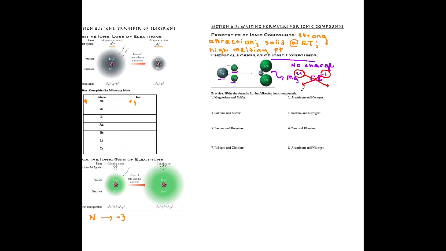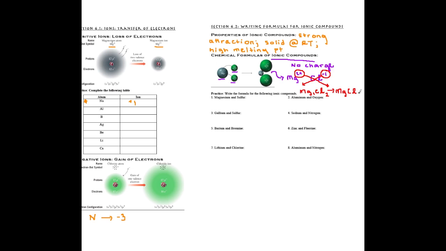So what you end up with is Mg1Cl2. Now, remember in chemistry, if there's a 1, for example, in charge, or for your subscripts, it's implied, so you don't actually write it. So the chemical formula for magnesium chloride is just MgCl2.